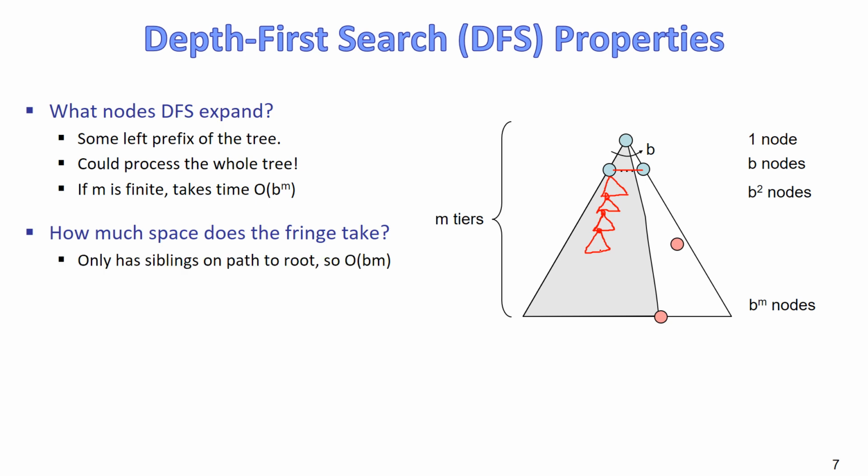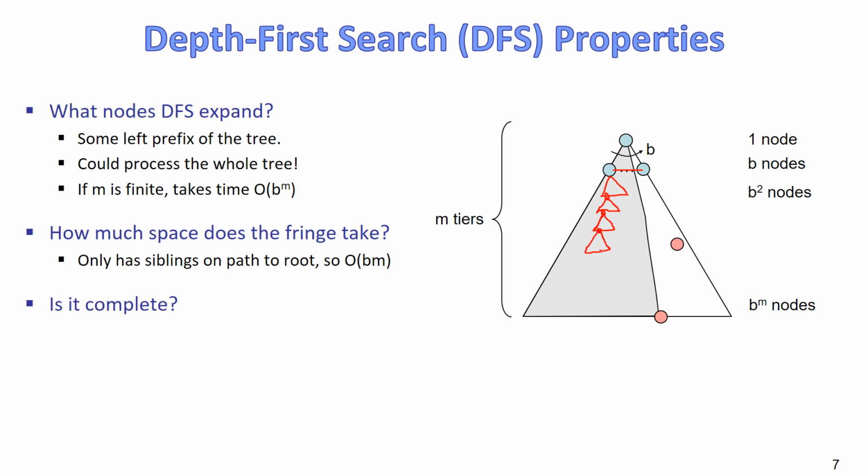Remember, the space complexity is the space that is needed by the fringe, in order of the number of nodes that are now in the fringe. In the worst case, we will have b from every tier, and we have m tiers. So we will have, sorry, not b to the power m, but b times m nodes in the fringe.